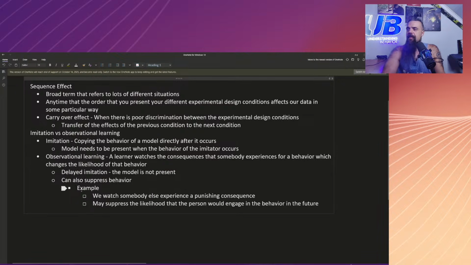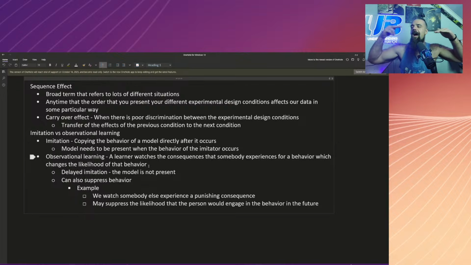So that's another key difference: with imitation, the behavior is always occurring. With observational learning, we could watch them experience something punishing, and that could suppress the behavior of an individual that might have had a higher likelihood to do it if they hadn't watched that.